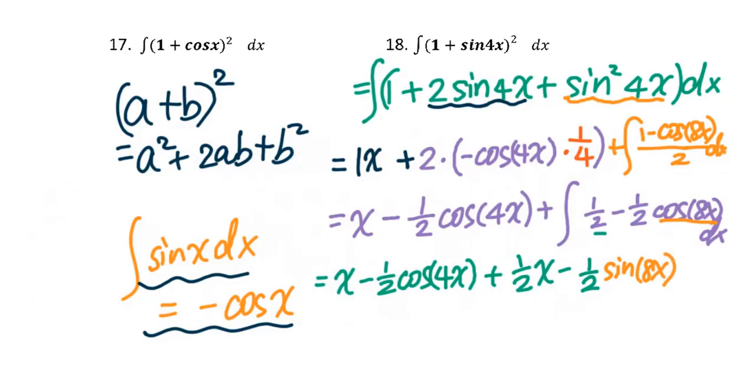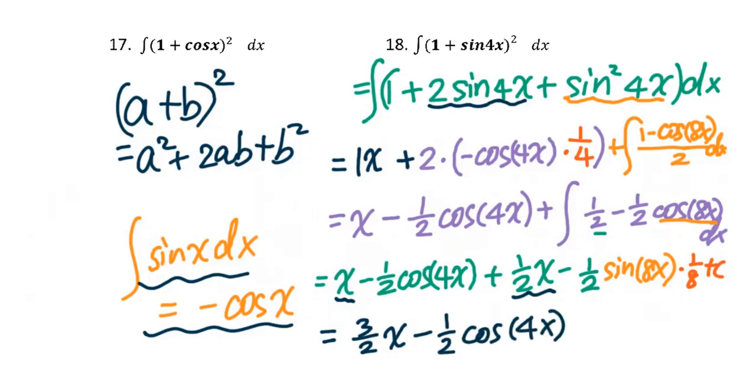But don't forget it's 1 over 8, so 1 over 8 plus c. Step, we organize. You will get these two like terms, 3 over 2x minus 1/2 cosine 4x minus 1 over 16 sine 8x, then plus c.